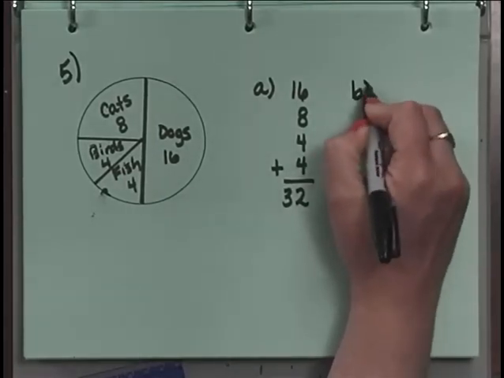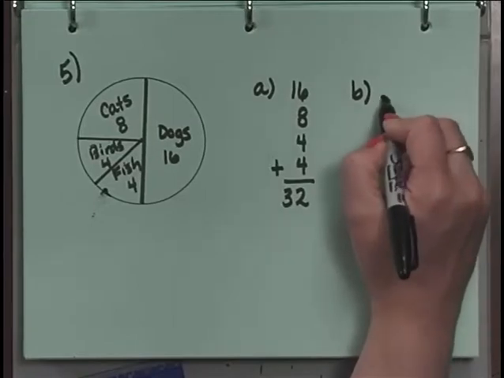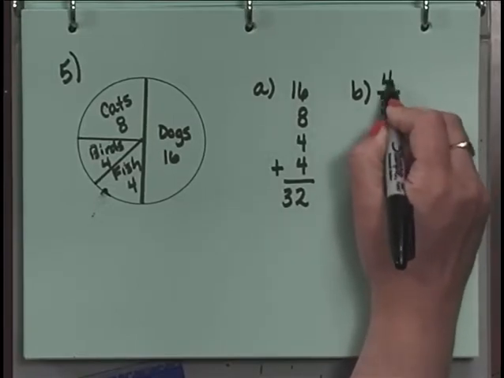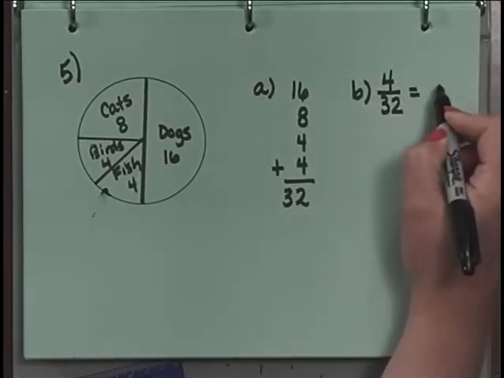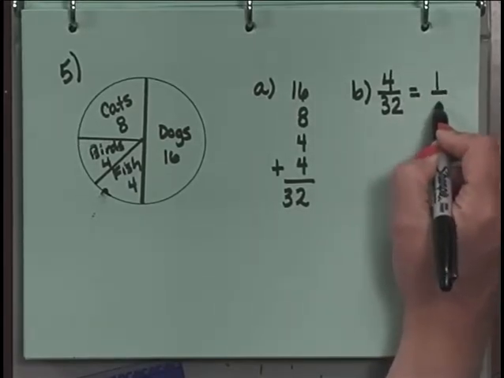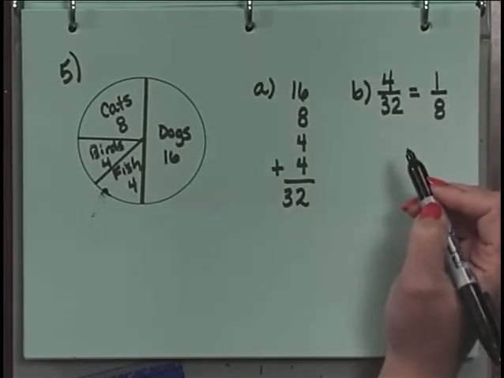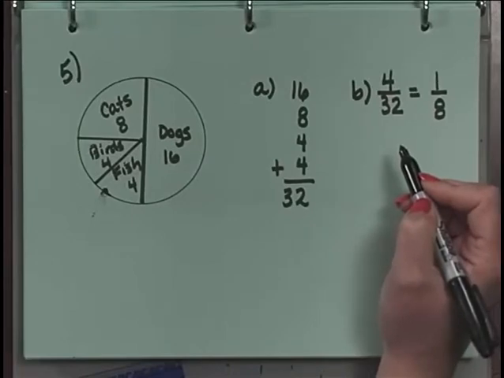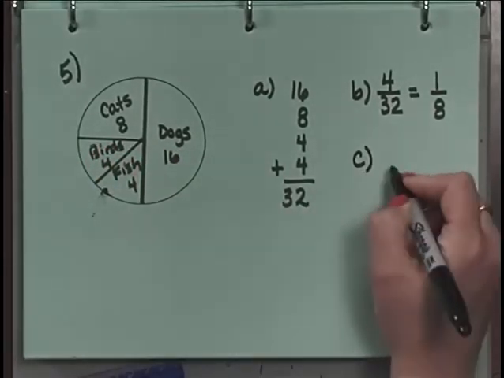For part B, what fraction of the pets are birds? Well, out of 32 pets, 4 of them are birds. So that's 4 out of 32. 4 divided by 4 is 1, and 32 divided by 4 is 8. So 4 over 32 would reduce to 1/8. And so birds represent 1/8 of the pets in the neighborhood.